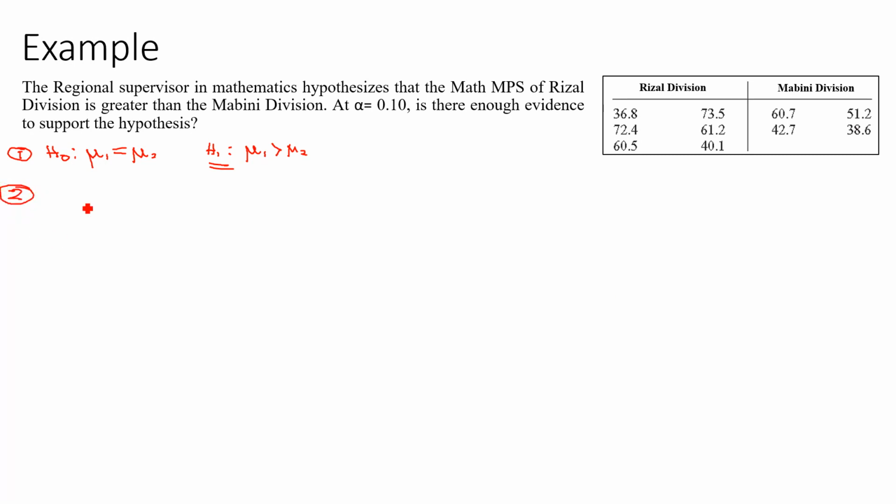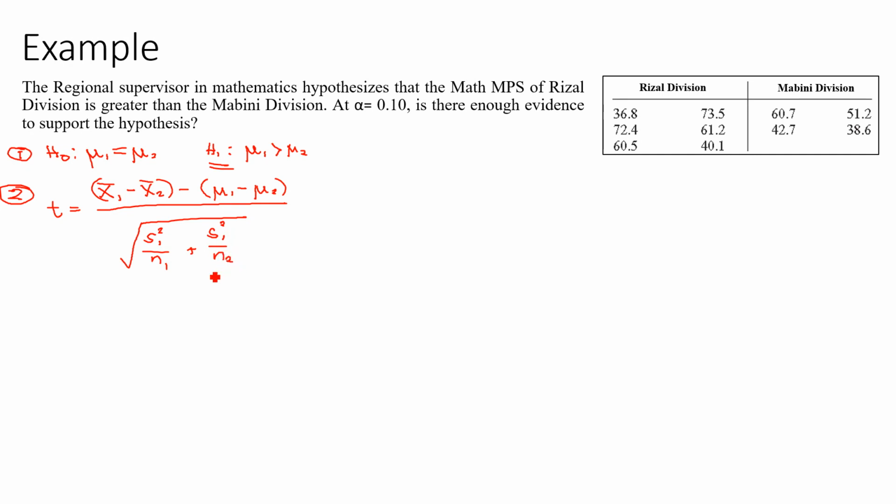We're going to use the formula t is equal to the sample mean of the first group minus the sample mean of the second group, minus the population mean of the first group minus the population mean of the second group, all over the square root of the sample variance of the first group over the number of elements of the first group plus the sample variance of the second group over the number of elements of the second group.